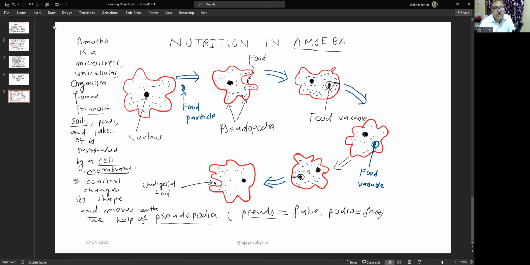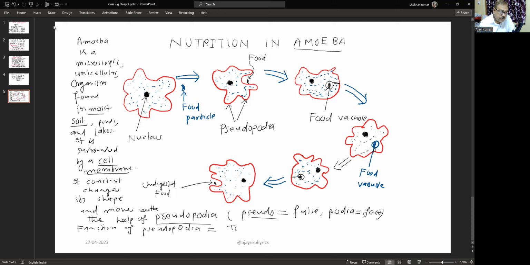What is the function of the pseudopodia? The function of pseudopodia is to capture food.